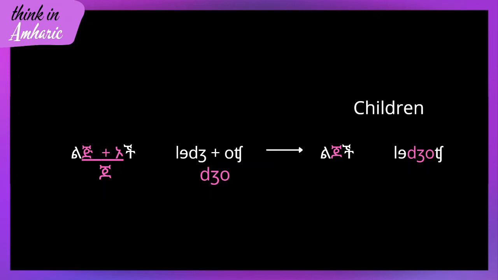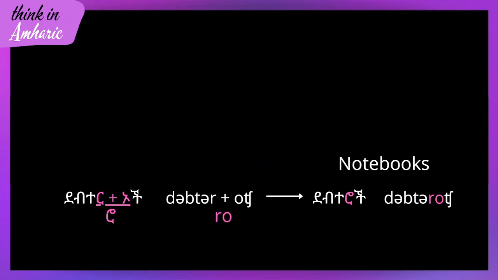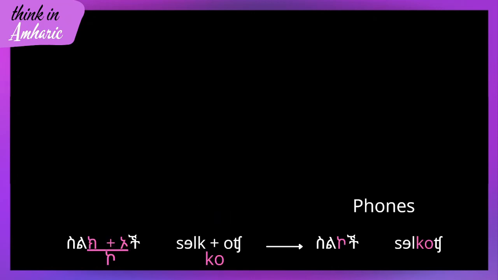J becomes jo. ደብተር, ደብተሮች, notebooks. R becomes ro. ስልክ, ስልኮች, phones. K becomes ko.